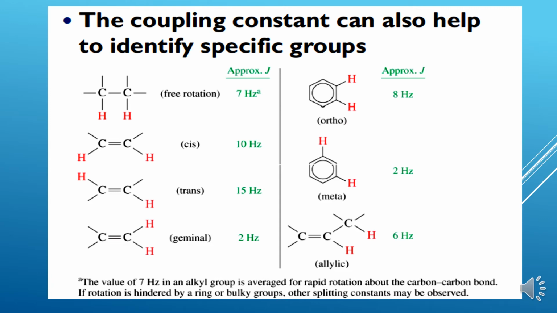If it is free rotation, it means simple groups are attached to the carbon atoms. In such circumstances, the 7 hertz coupling constant is observed. If it is 7 hertz, then the rotation around the carbon-carbon bond is free.